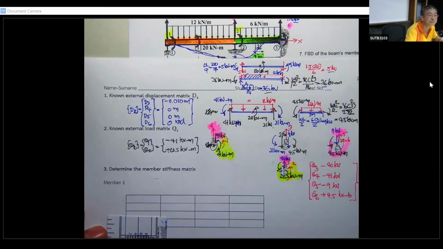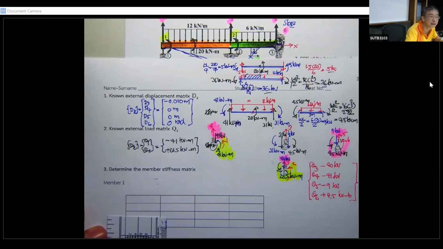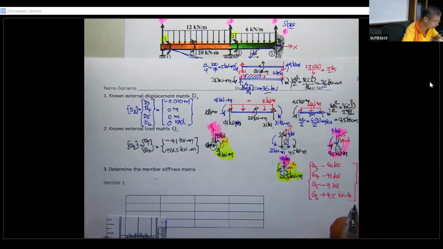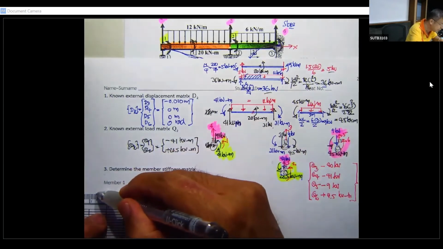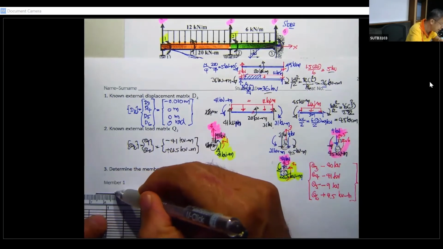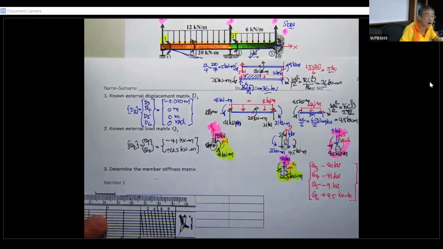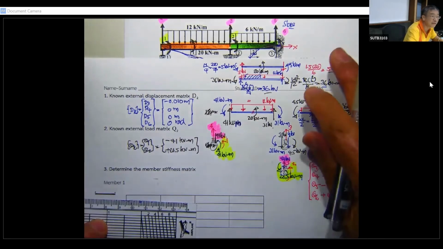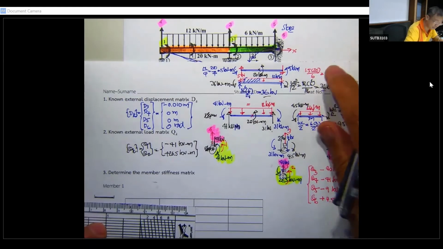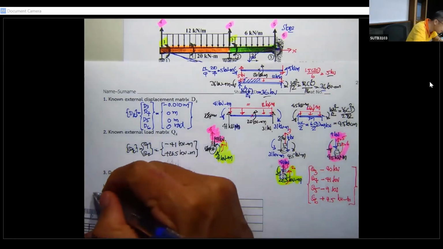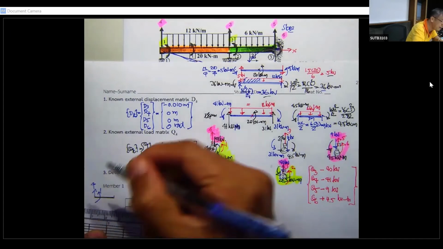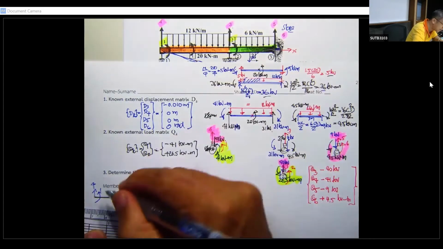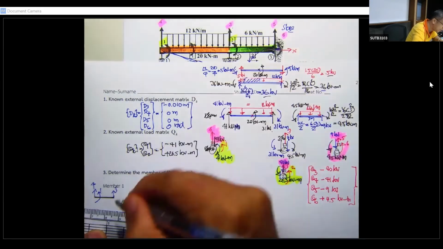And next, we come to determine the small k matrix, and then we use member number 1 first. On member number 1, we have the degrees of freedom as shown over here. It's going to be 4, then 1, then 3, then 2.